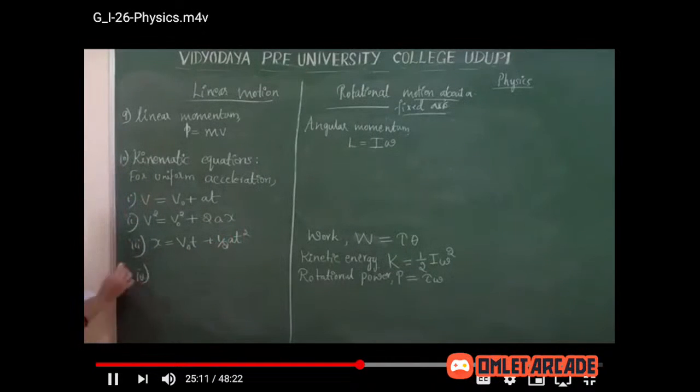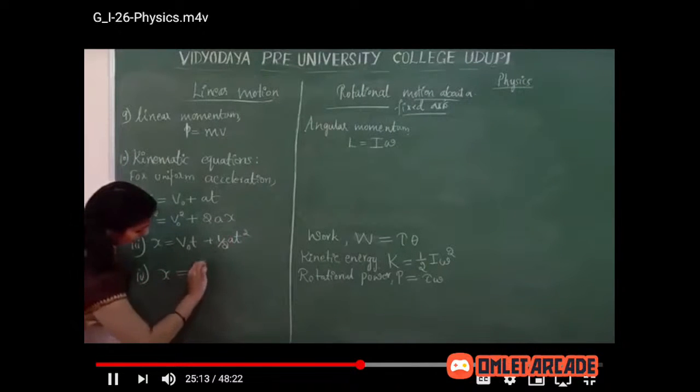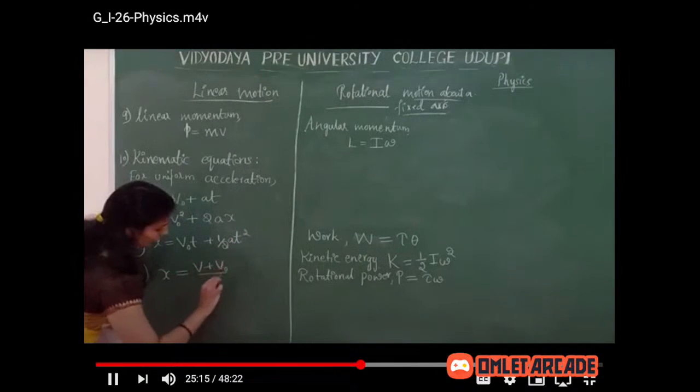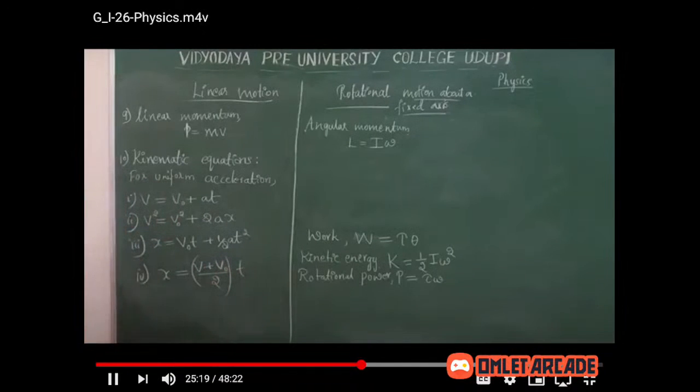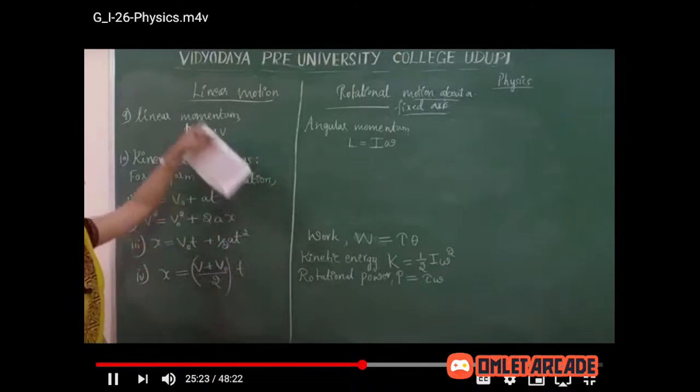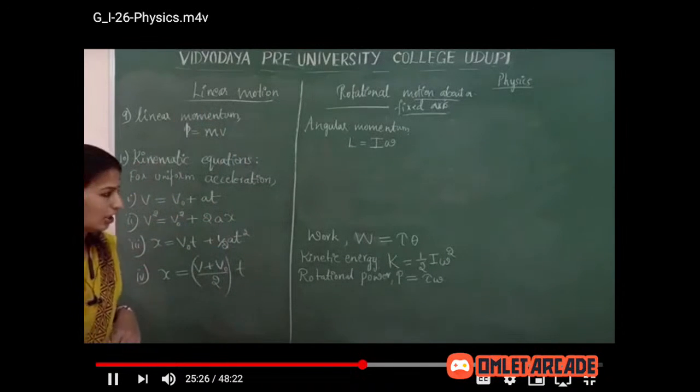And the fourth one, X equal to V plus V naught by 2 into T. These are the kinematic equations for uniform acceleration in case of linear motion.